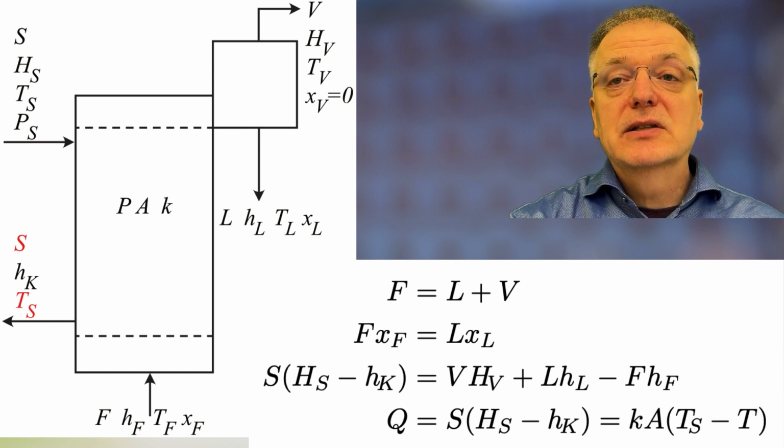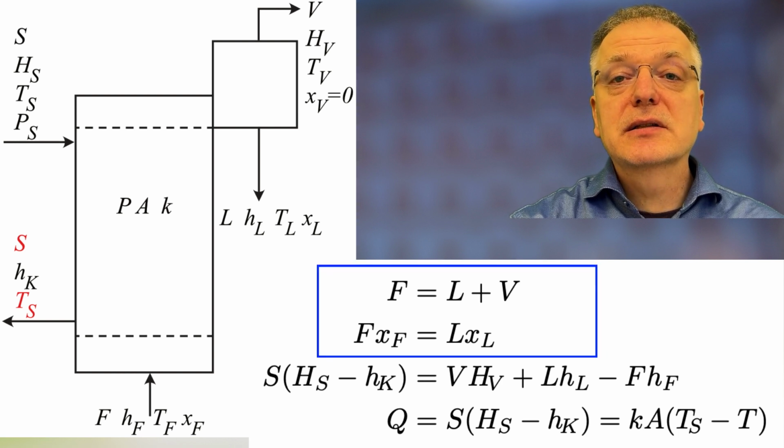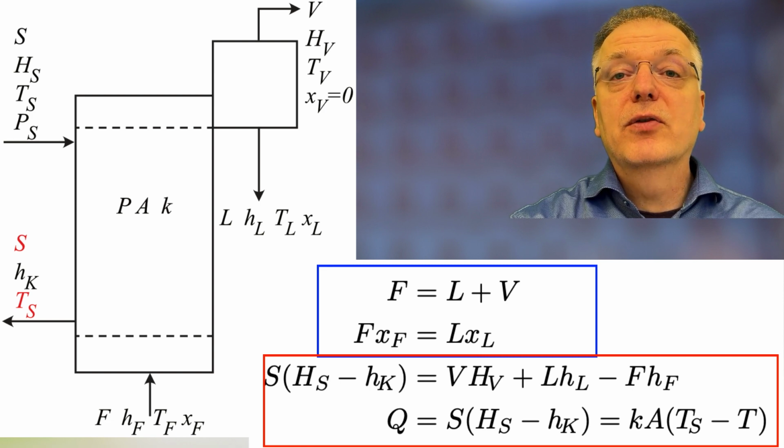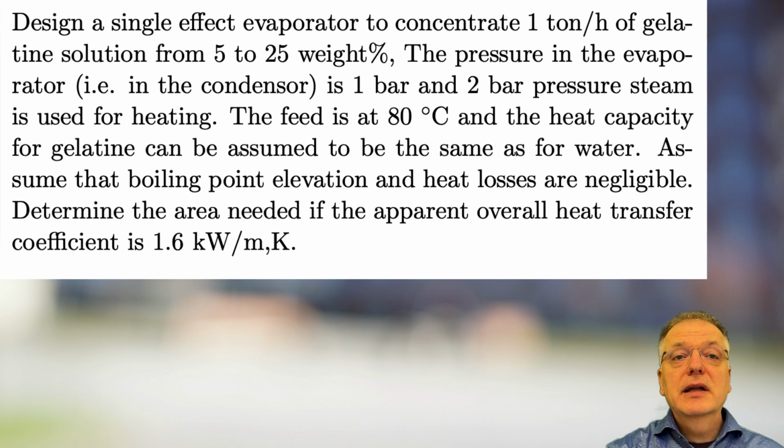Mass and energy balances are central for describing a system mathematically, and for a single effect evaporator we have 2 mass balances and 2 energy balances, thus giving us a total of 4 equations. Let's extract the known variables from the text.